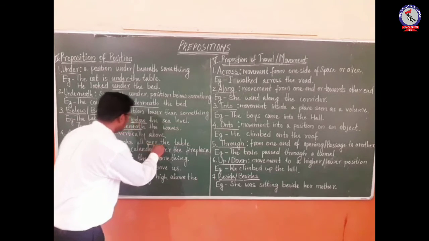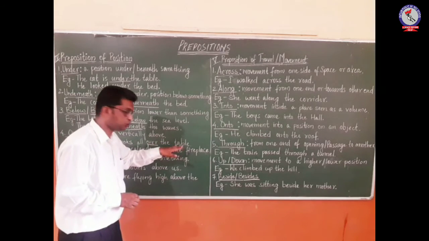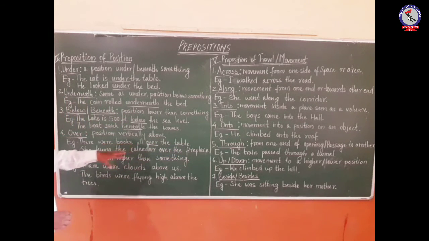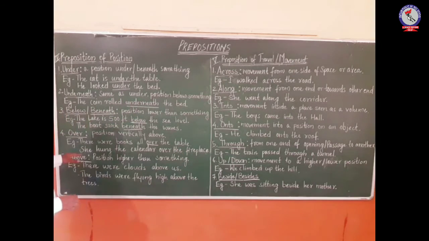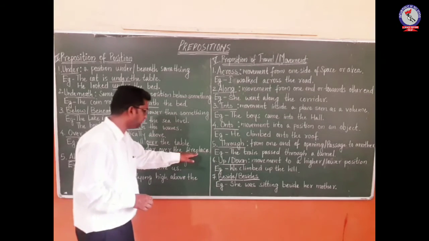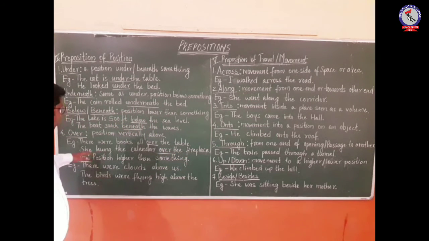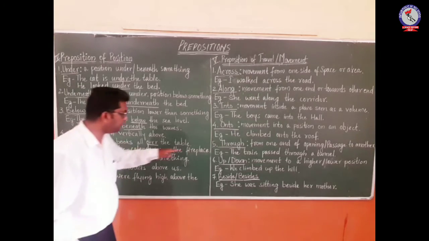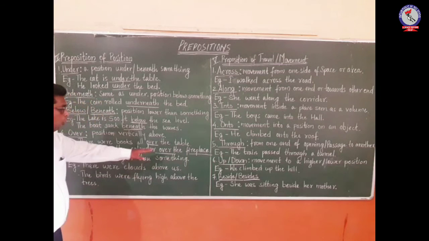Now here, the position of the books is vertically above the table. Then comes, she hung the calendar over the fireplace. The position of the calendar is vertically above the fireplace. So we have used over.